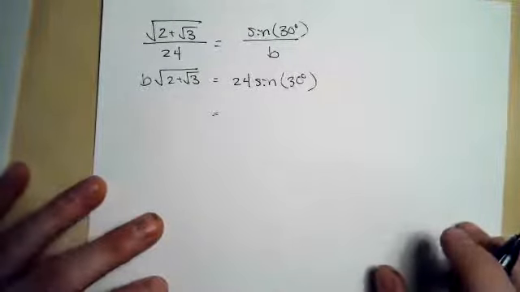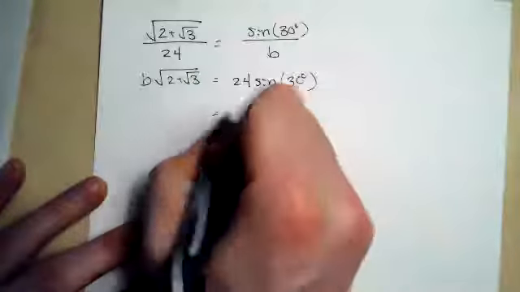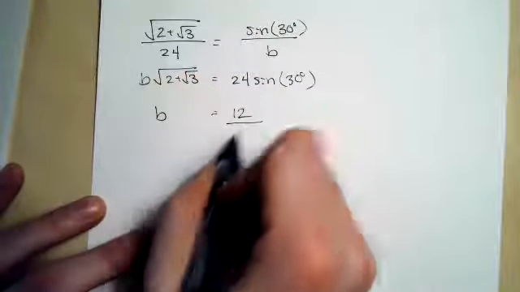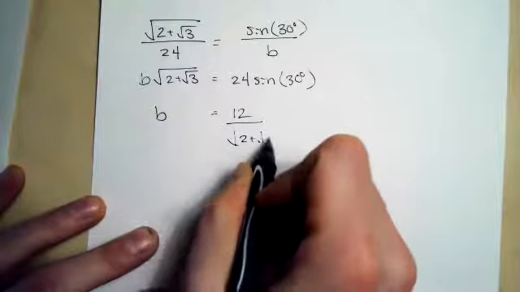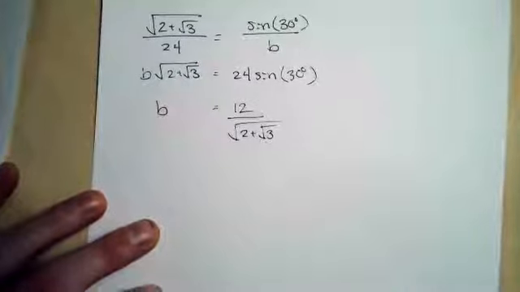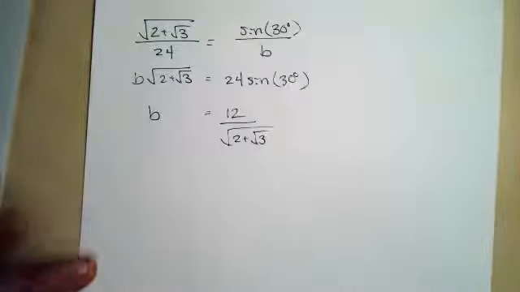So sine of 30 is 1/2. So a little bit nicer there. And then we divide by that square root term. Any questions?